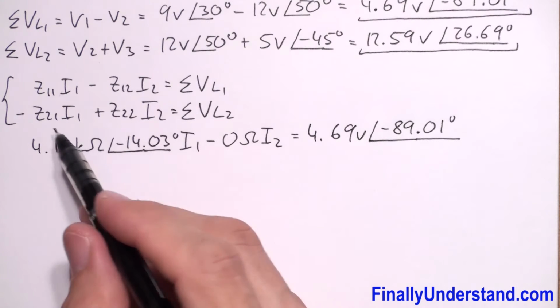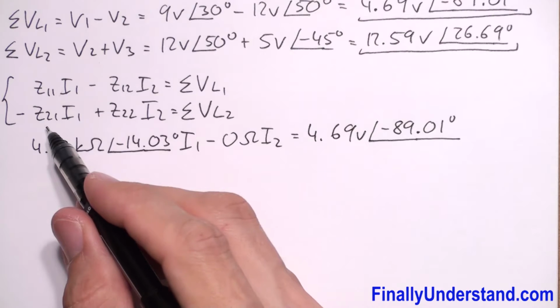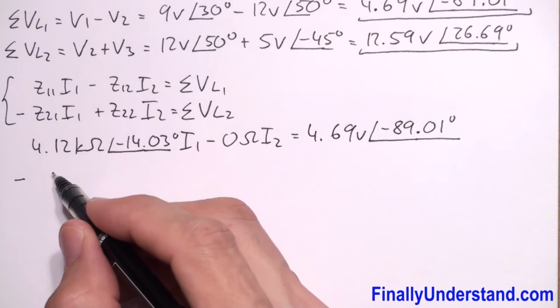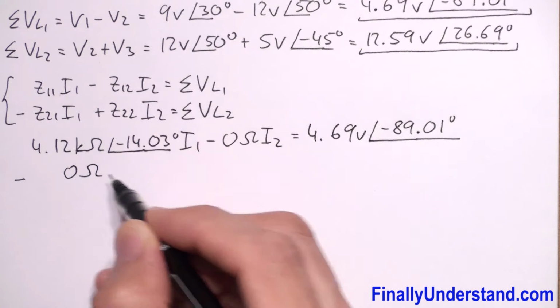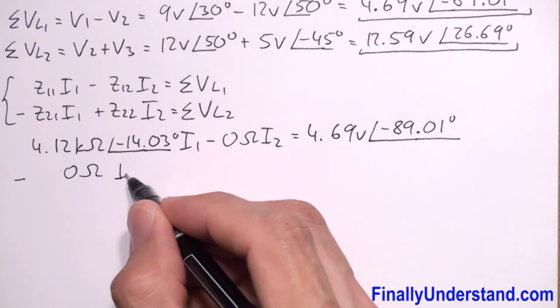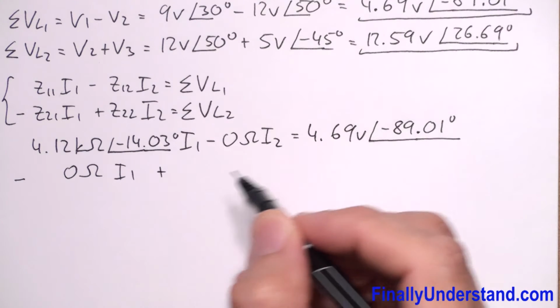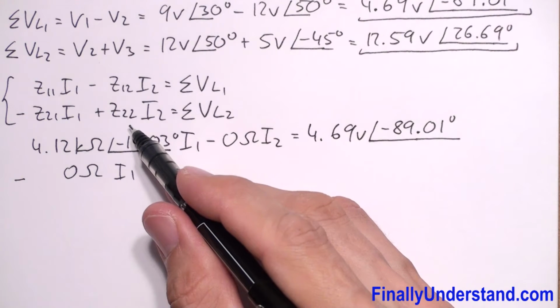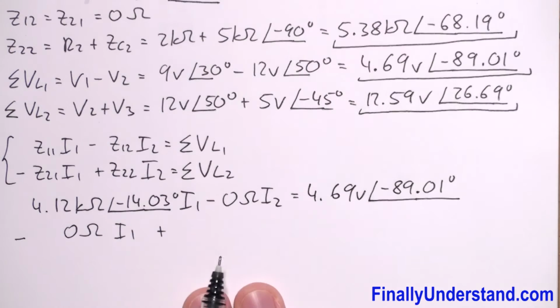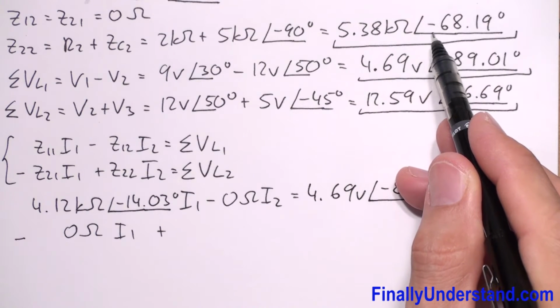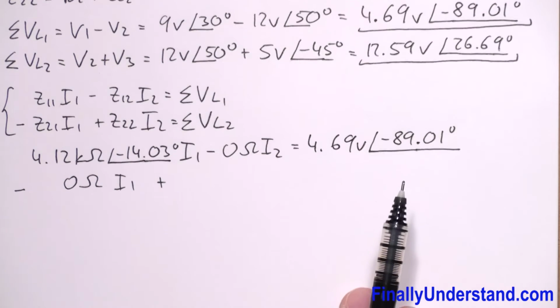Next I have to find the second mesh equation. So I have negative Z21, we said is equal to 0 ohms, and this is my I1. And I have plus Z22. Z22 we found is equal to 5.38 kiloohms and angle of negative 68.19 degrees.